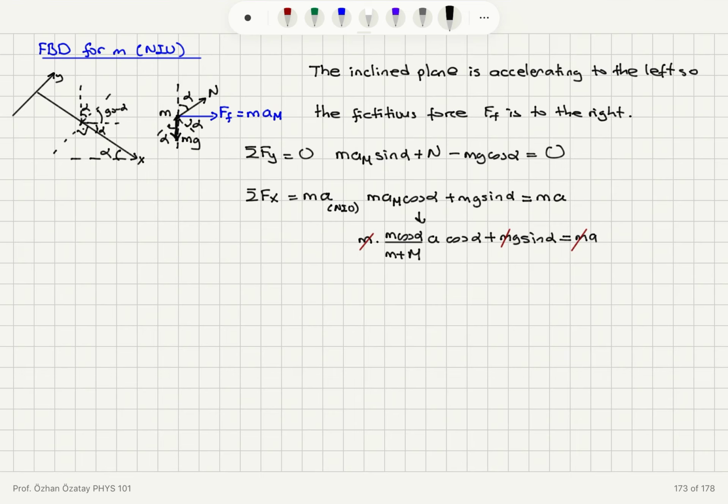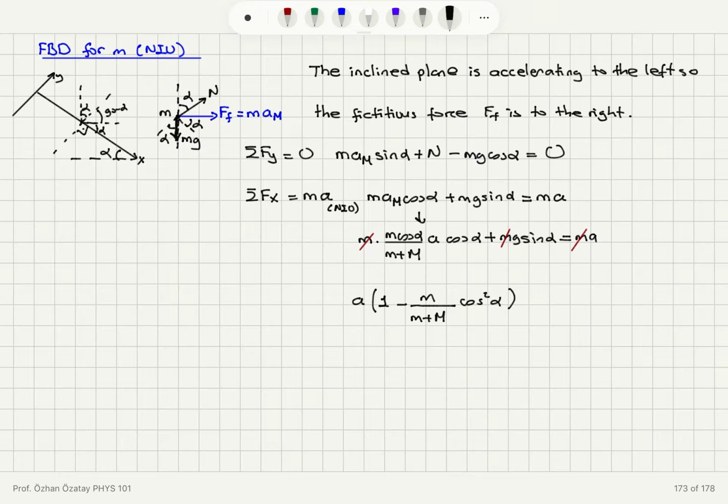I put this into a parentheses, so on the right hand side I have only a. I take this to the right hand side, it becomes a times (1 minus m divided by m plus capital M cosine square alpha), because I have two cosine alphas now.